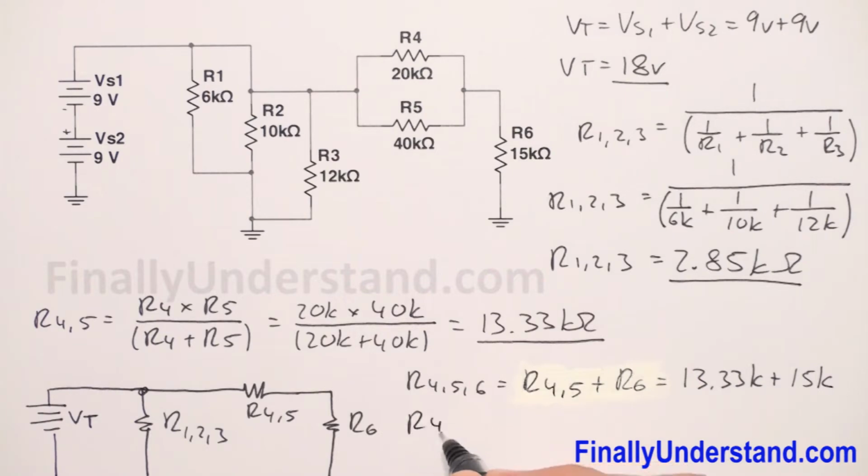So R4,5,6 is equal to 13.33 plus 15, which is 28.33 kilo ohms. Okay, so these two resistors together have this resistance. Again I can redraw the circuit to make this picture more clear.